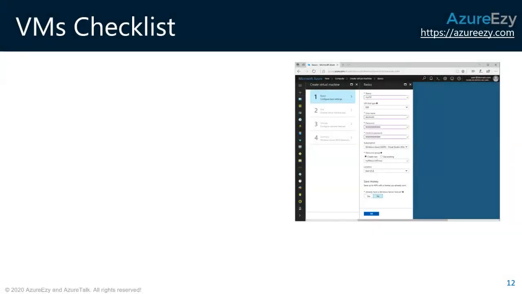Now, when you deploy your virtual machine in Azure, you will see some interface like that. When you are going into this particular interface, there are certain main things, a checklist, you have to keep in mind before you deploy your virtual machine, most probably during the deployment of a production workload.